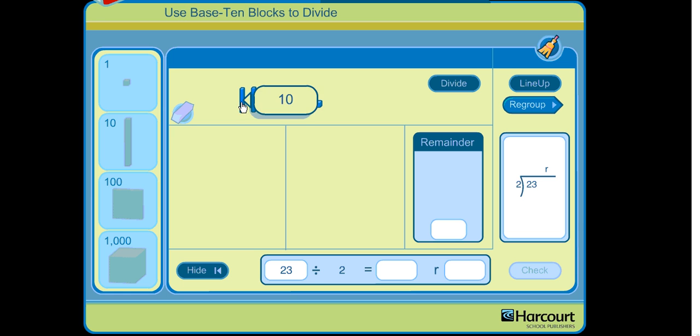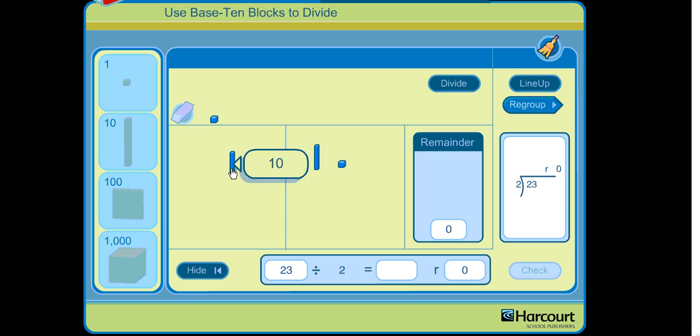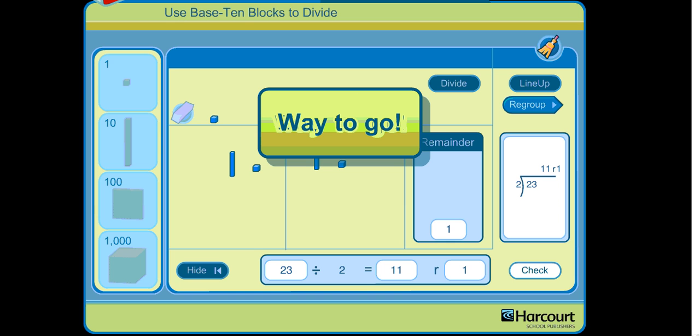I have enough to give each of them a group of 10. Then I have 3 cookies left. 1 for you, 1 cookie for you. I have 1 remaining. I can't do that equally. So what I have right now is each child gets 11 cookies, and then there's a remainder of 1. I'm going to check. Way to go. We did it.